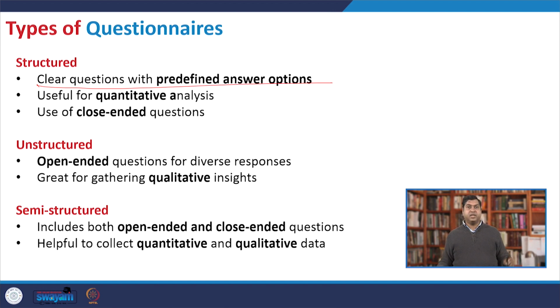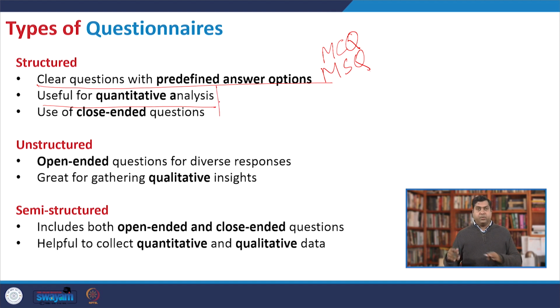So we are giving you some options, it may be a multiple choice question or a multiple select question. You have certain options and you need to select from them. This is very useful mostly for quantitative analysis, but again it is not always limited to quantitative analysis. It can also be used for assessing some qualitative data as well.